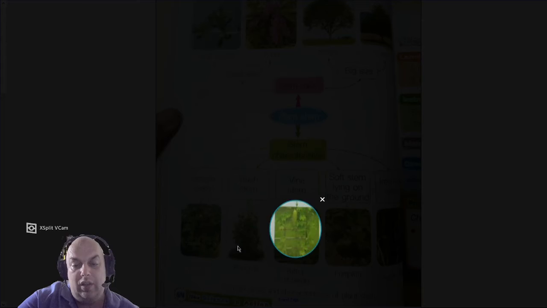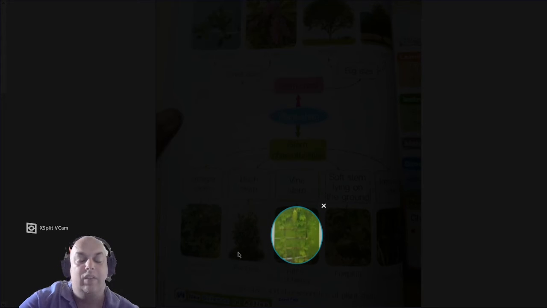Then over here we have the vine stem. Now what is a vine stem? A vine stem is a stem that grows around things and usually grows upwards on a tree or sometimes on a wall or any other kind of object that it can grow around and upwards.